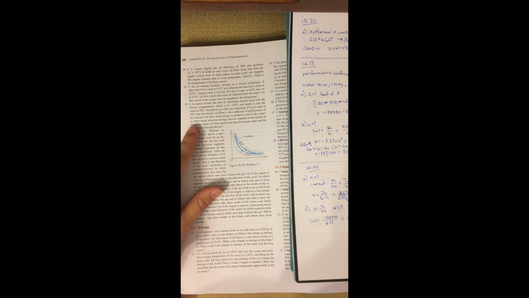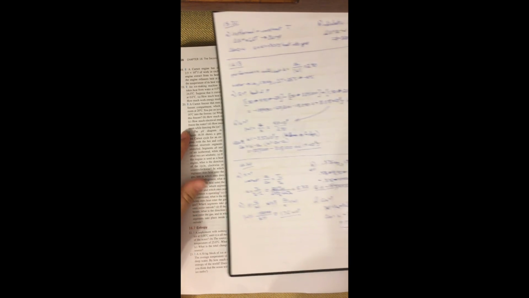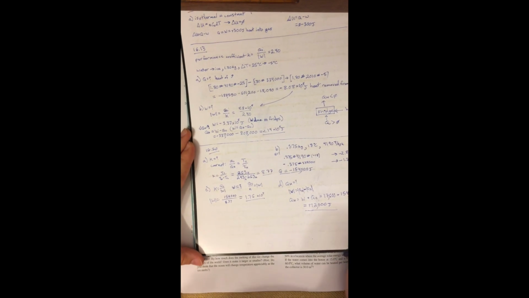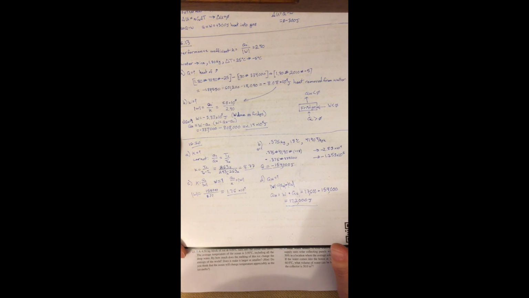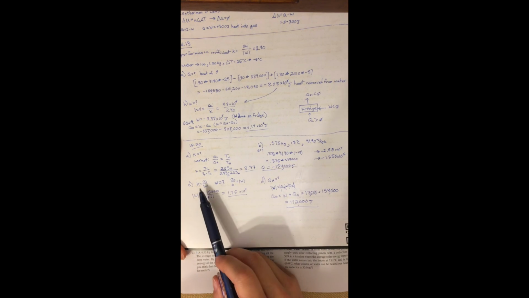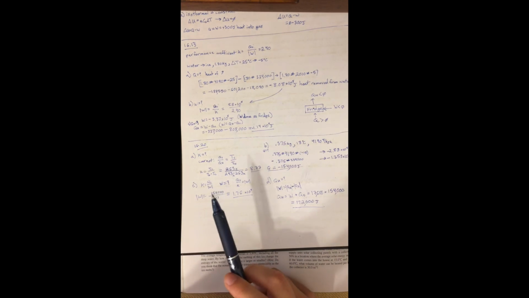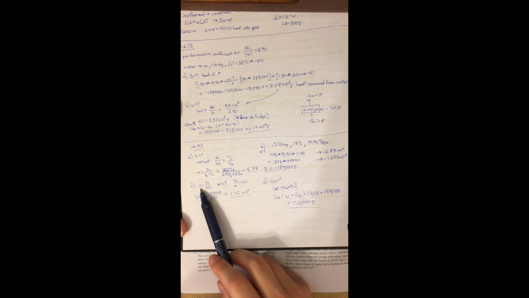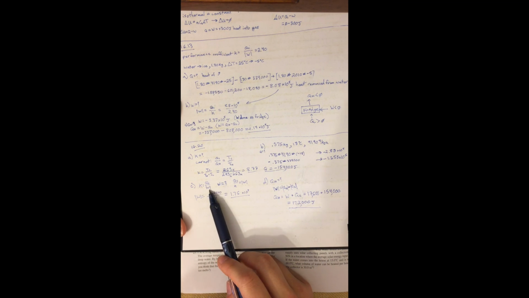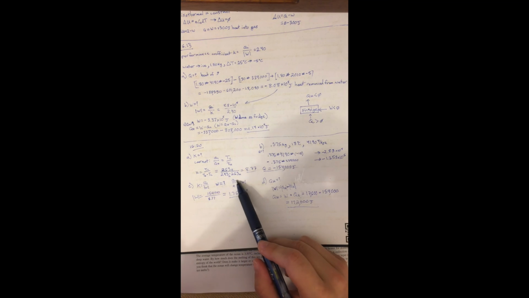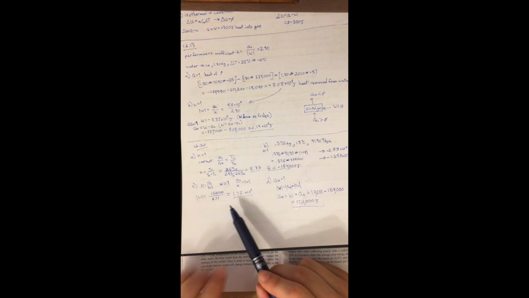C, how much electrical energy must be supplied to the freezer to freeze the water? So it's asking for the work, right? So Q equals this over this. Work is going to equal QC over K. We know both of those.